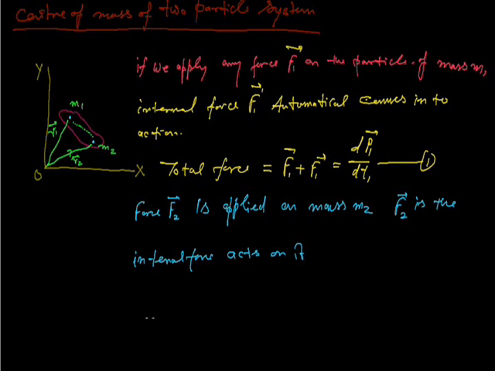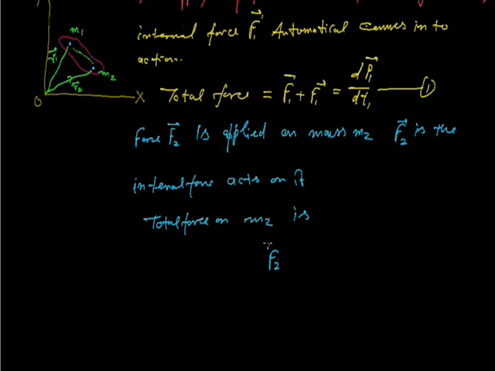Then the total force on m2 is F2 plus F2 dash, equal to dP2 by dt.